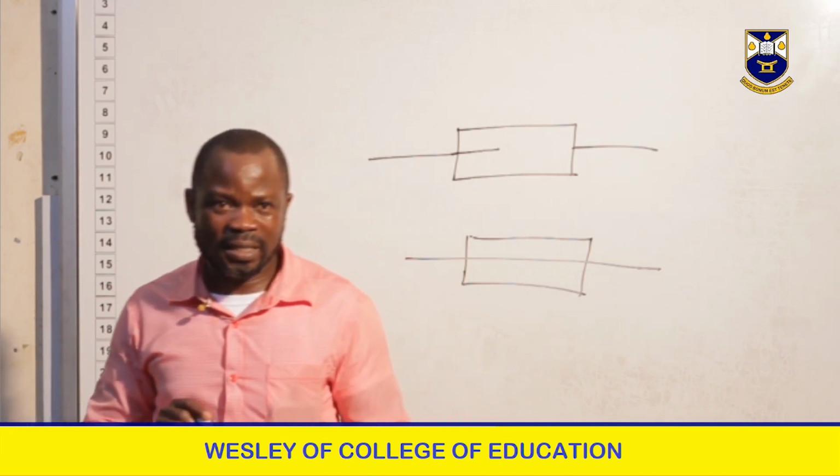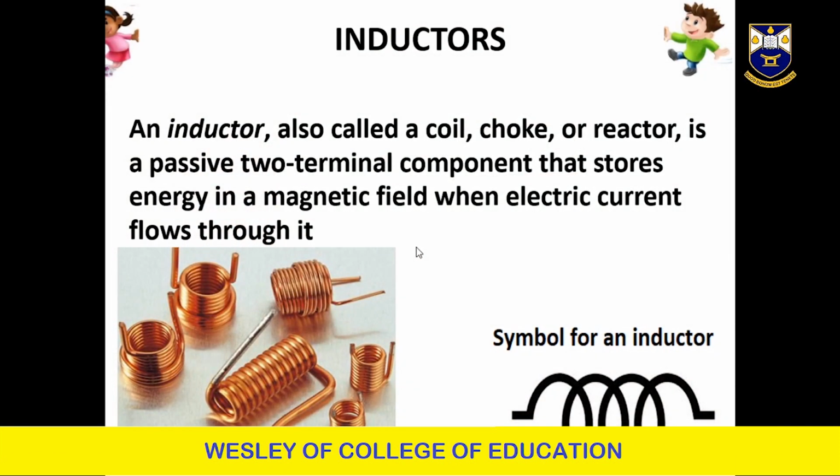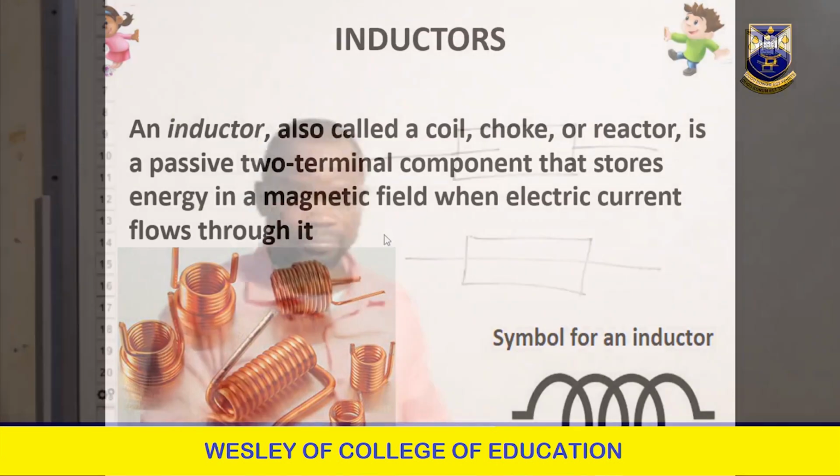We know that coiled wires can be used in making magnets. We normally say solenoid, so we may also call these inductors a solenoid depending on how they have been coiled.